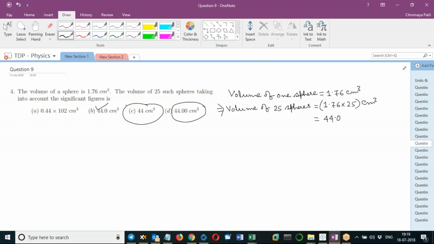That is why 44.0 is the correct answer. So we get option B as the correct option.